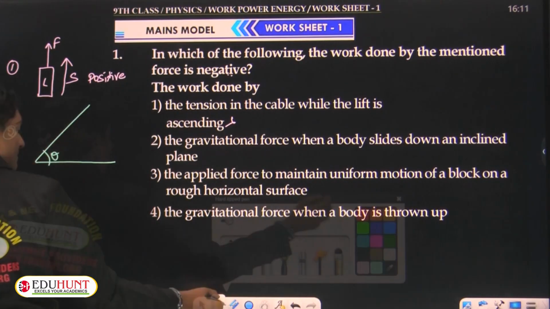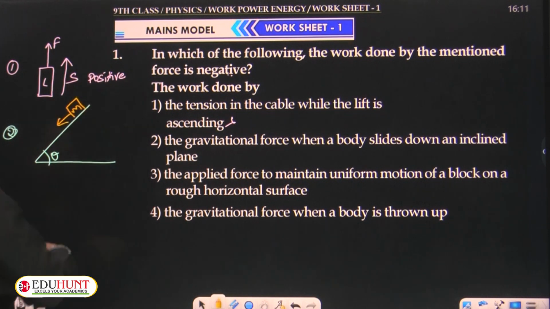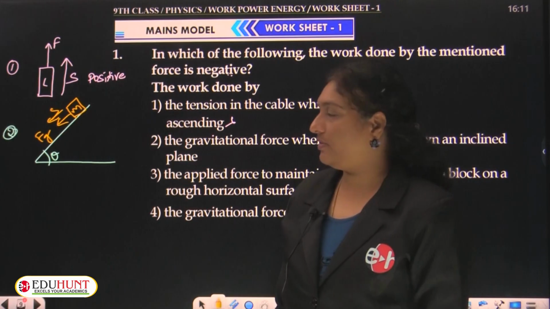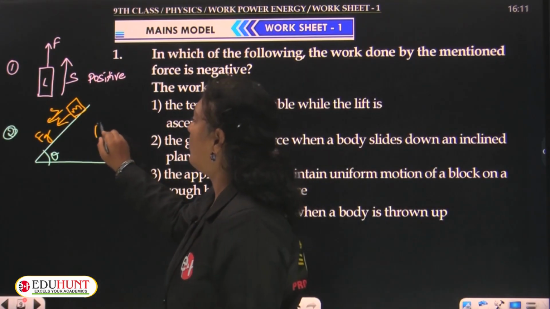Whenever a body is kept on an inclined plane, it falls down because of the gravitational force, which is trying to pull the body downwards. So the direction of the gravitational force as well as the motion of the body are both downwards. In that case, the work done is positive.